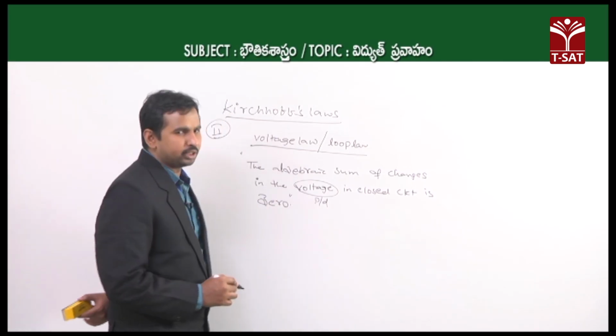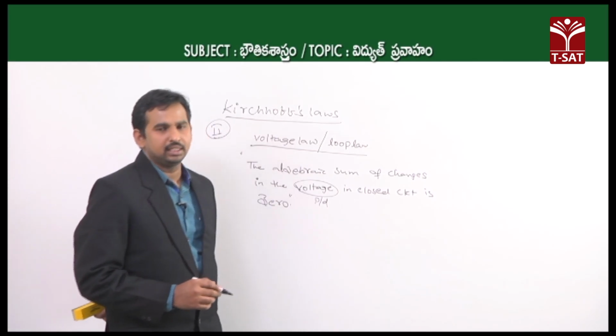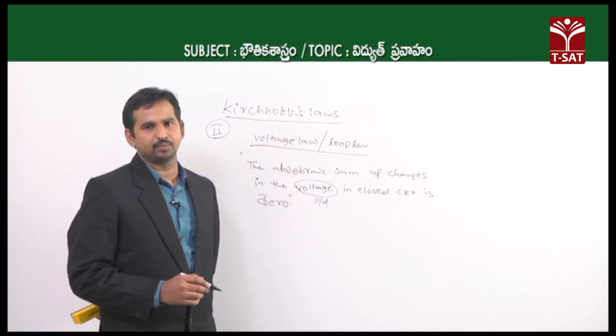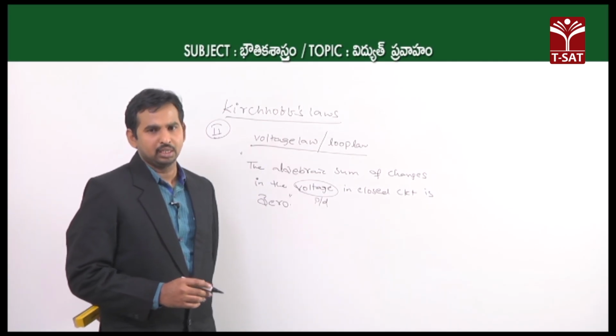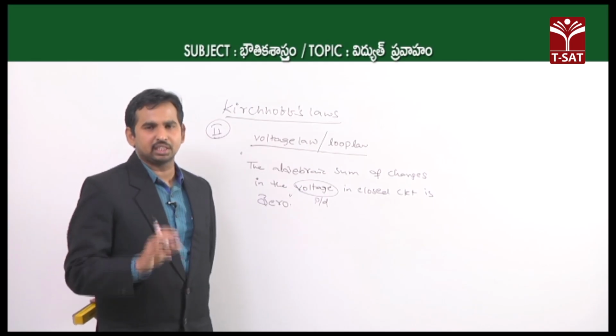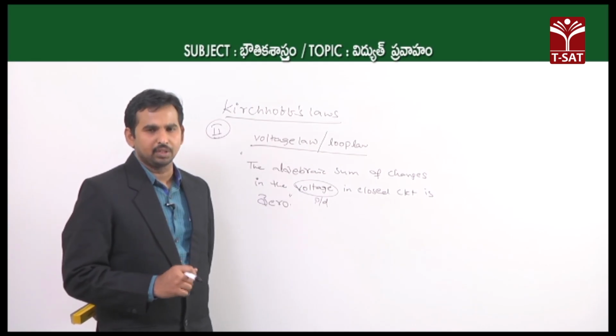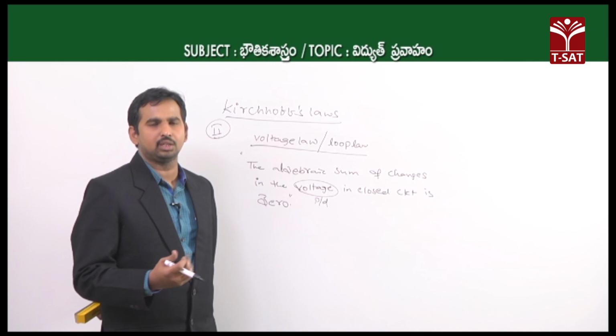Here we know that the potential difference or the voltage is nothing but the work done on unit charge. The change in the work done means the changes of energies, because work done is equal to the energy.